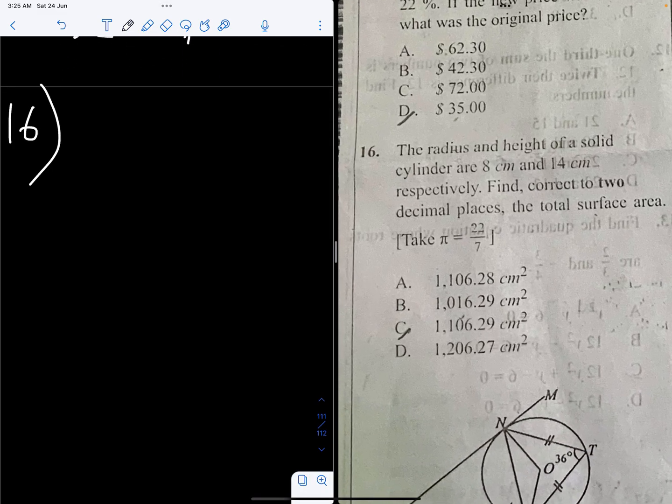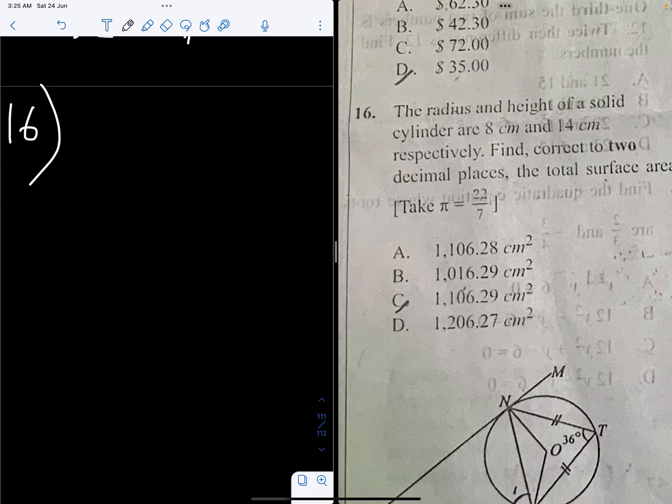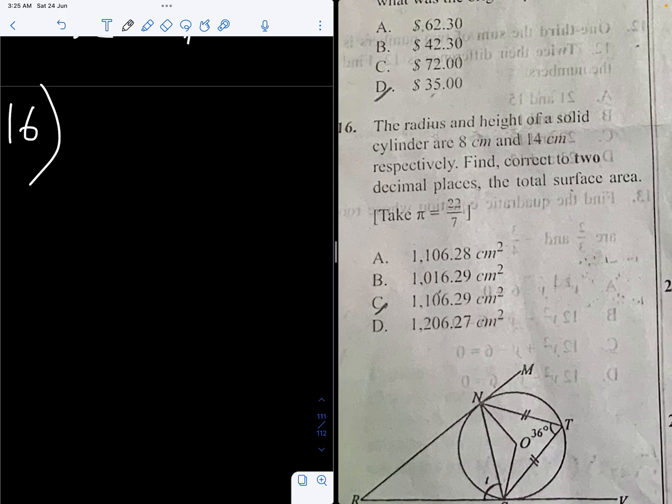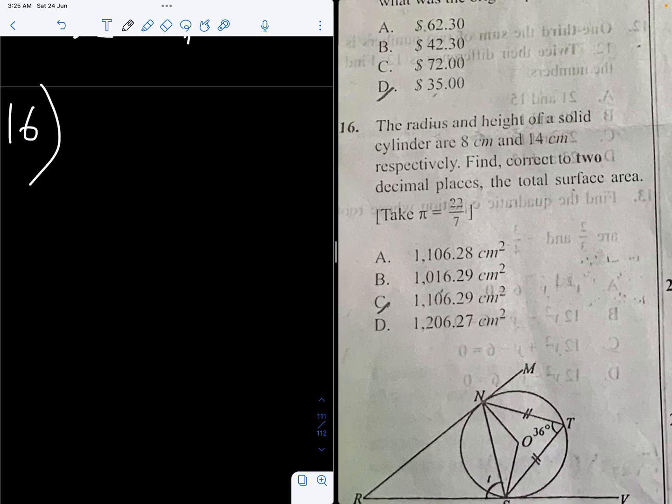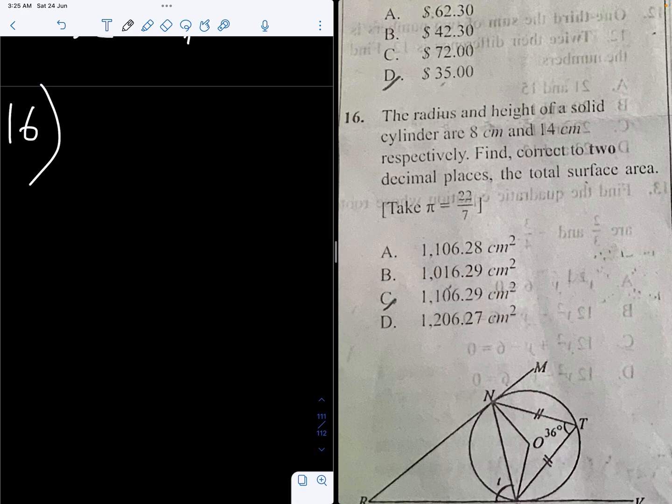Number 16, the radius and height of a solid cylinder are 8 centimeters and 14 centimeters respectively. Find, correct to 2 decimal places, the total surface area. The questions are so cheap. Okay, let me just sketch a cylinder here.